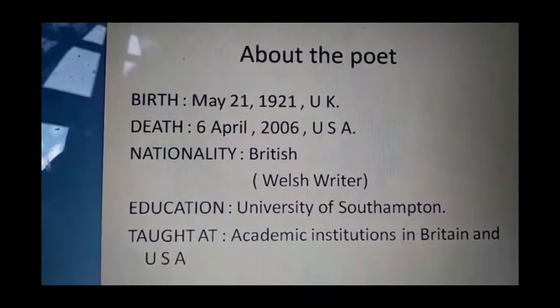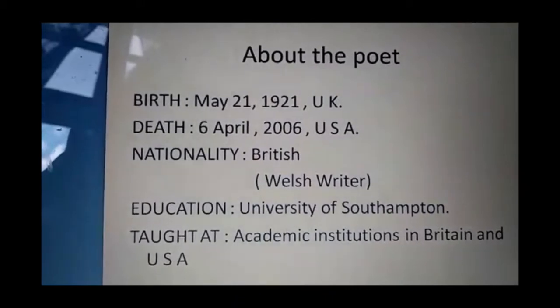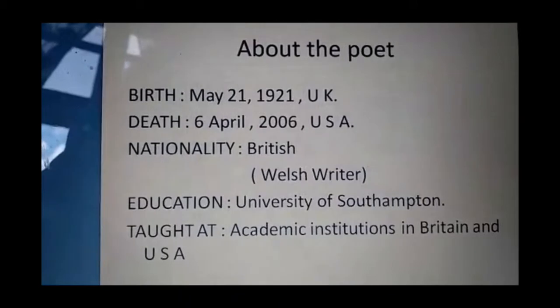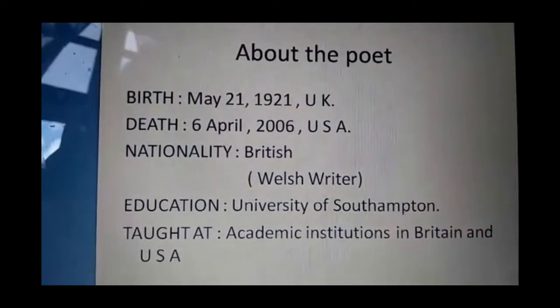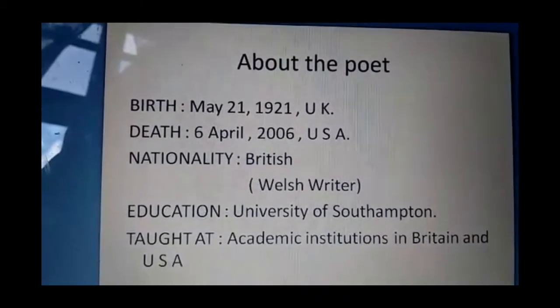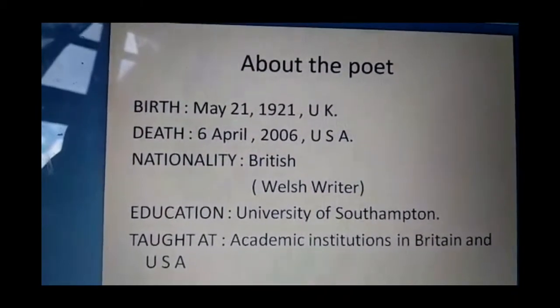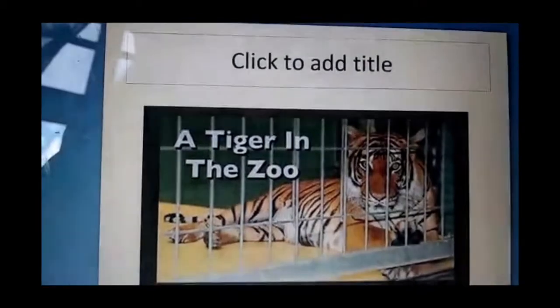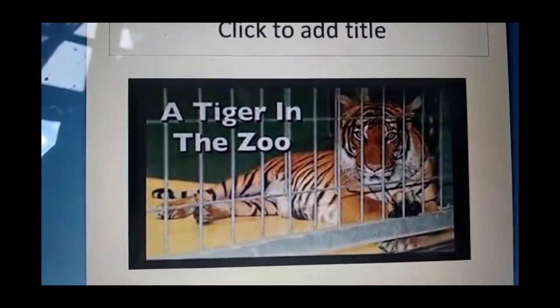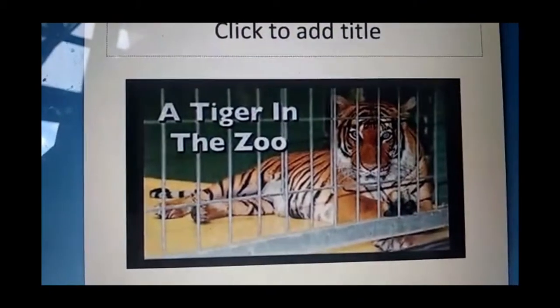After his education, he taught at academic institutions in Britain and the USA, and he won a great number of awards for his literary works. So here we go to A Tiger in the Zoo.